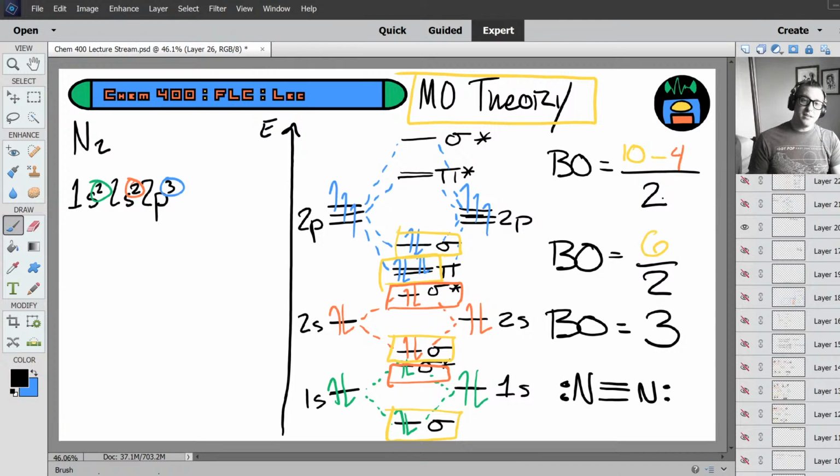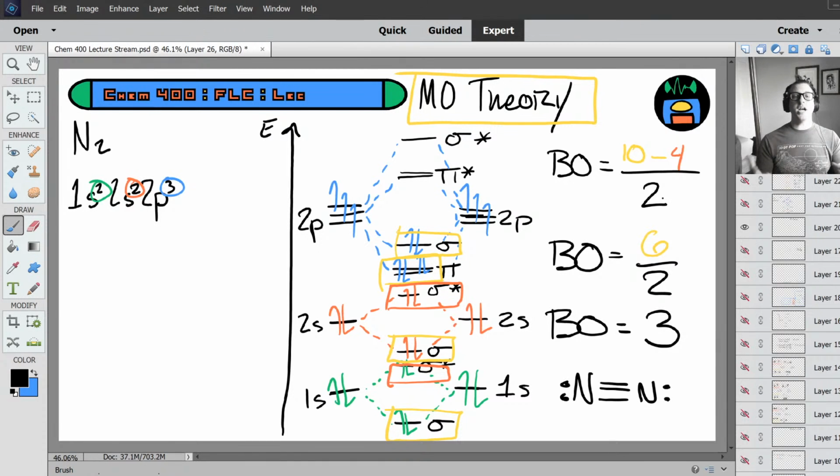And I'm so glad you asked, or I guess I asked, if you were wondering. I'm glad you're thinking those thoughts, because MO theory is not just a new, more confusing way to tell you what you already knew from Lewis structures. It was developed because there are phenomena in nature that Lewis theory cannot explain, but molecular orbital theory does.